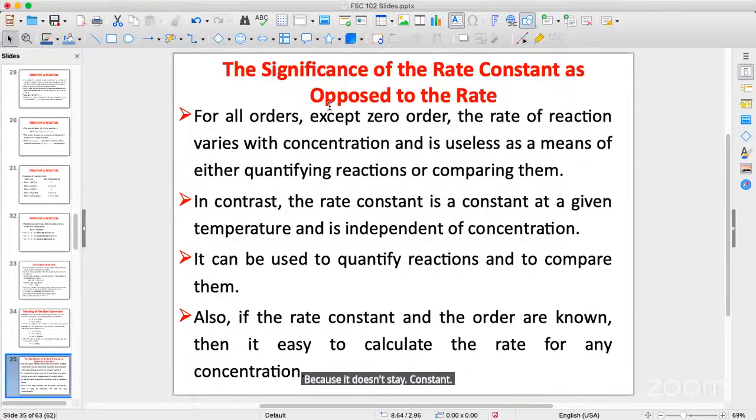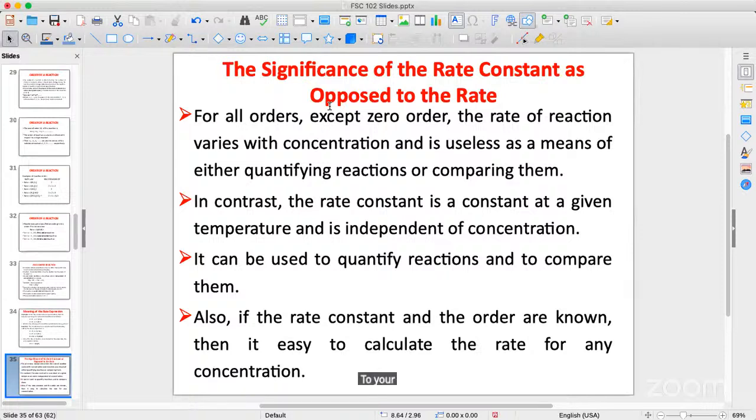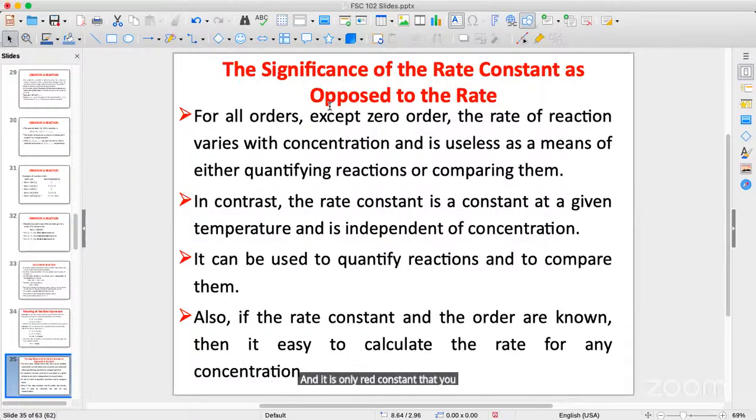In contrast, the rate constant is a constant at a given temperature and is independent of concentration. It doesn't matter what you do to your concentration, the rate constant must be true to its name as long as the temperature remains constant. And it is only the rate constant that you can actually use to compare reactions.